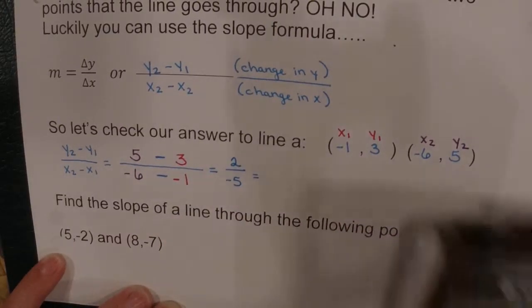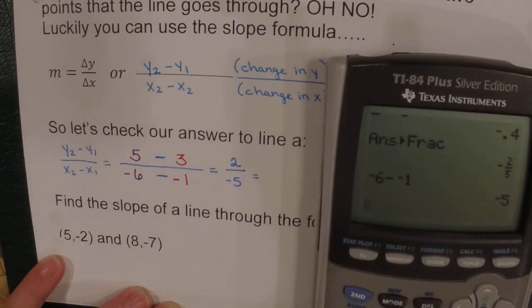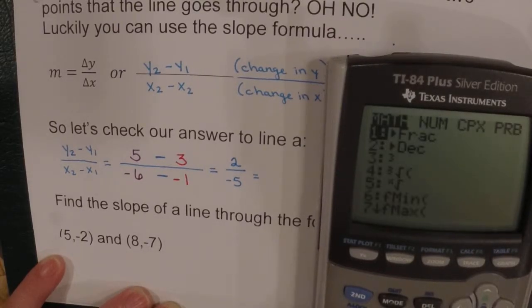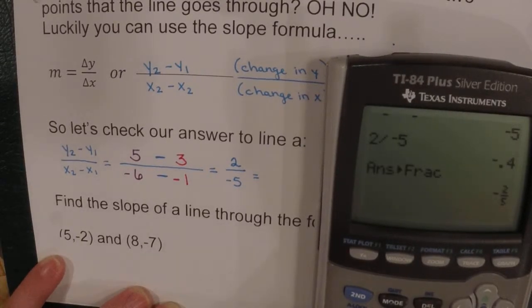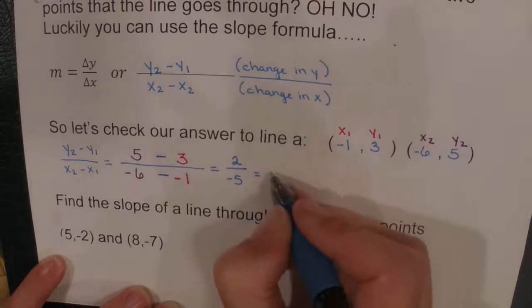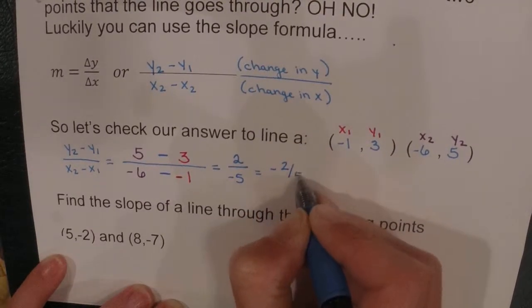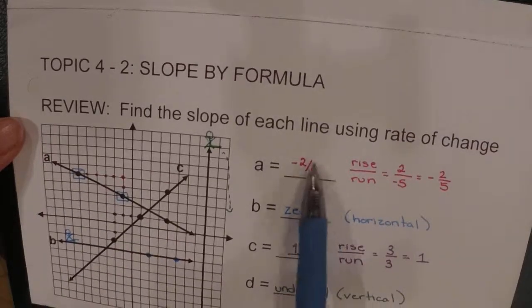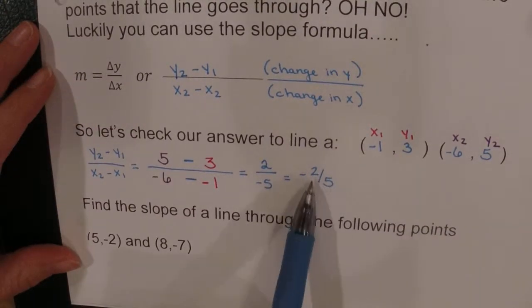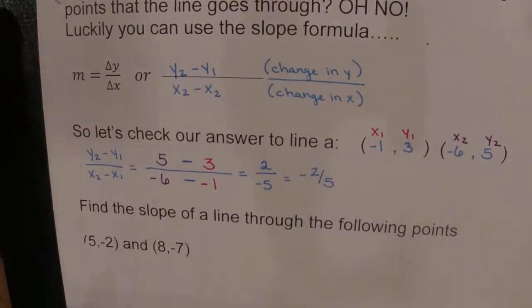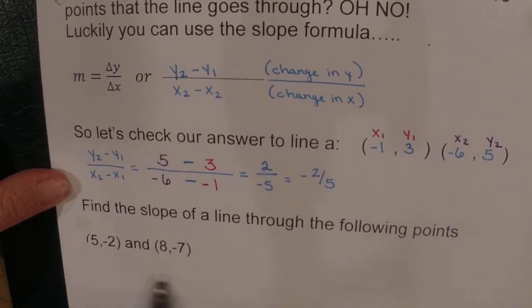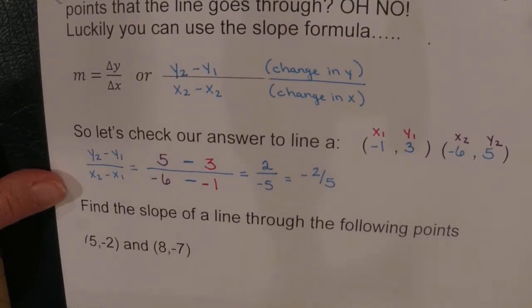So then if I simplify that, I would say 2 divided by -5, and of course yours gives it to you as a fraction, but mine would then say -2/5. So notice we got the same answer as when we counted the slope, as when we use the formula. So now I want you to try to set this formula up and see if you can get the answer.